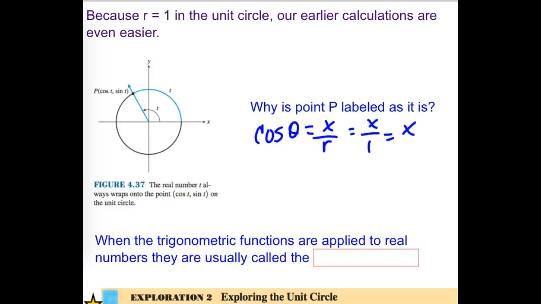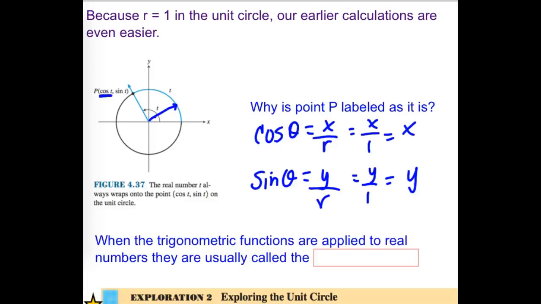Our cosine is x. That means our x coordinate along that unit circle, the x value, is going to represent the cosine of our angle. Same reason for sine. Sine, we said, was defined as y over r, but if r is 1, we just get y. So I can measure off, say, a 30-degree angle, which would be how many radians?